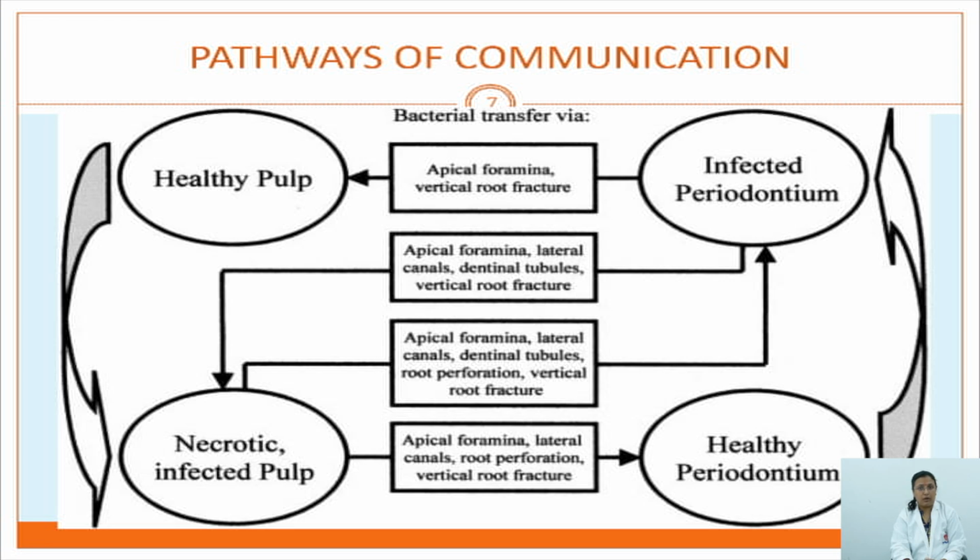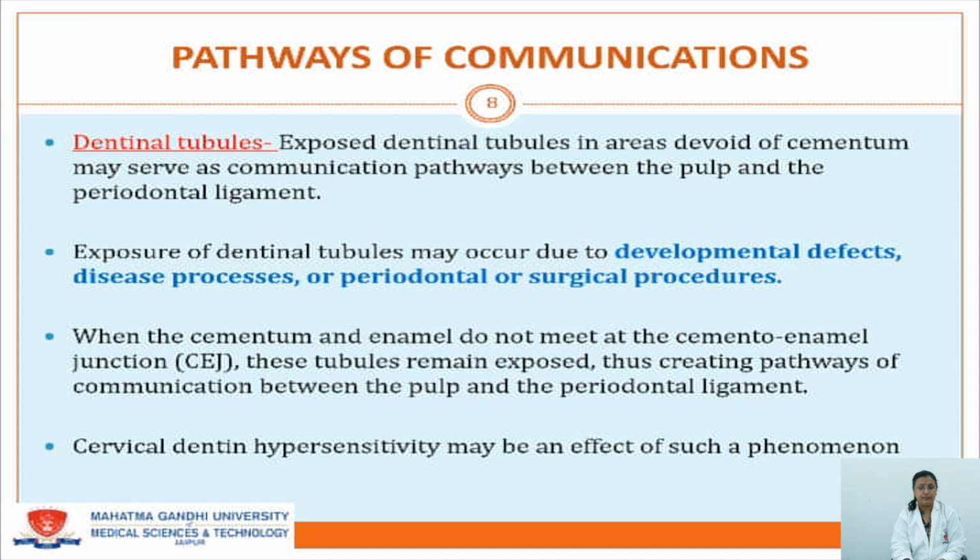Once the pulp is necrotic, the microorganisms again travel to the healthy periodontium through the apical foramen, lateral canals, root perforations and vertical root fracture. The healthy periodontium becomes infected, and thus the cycle starts.